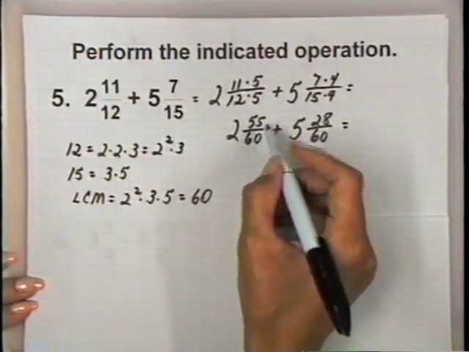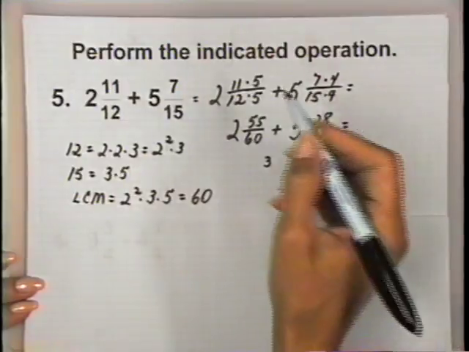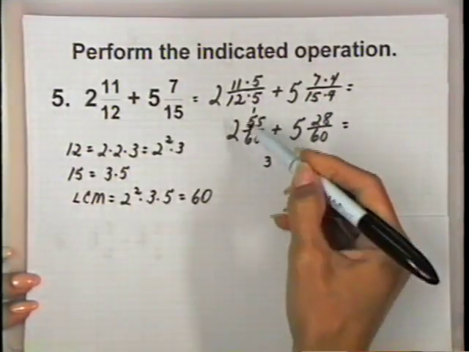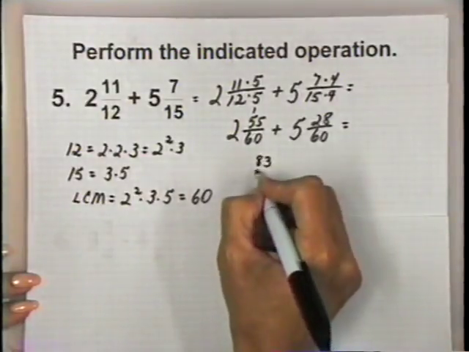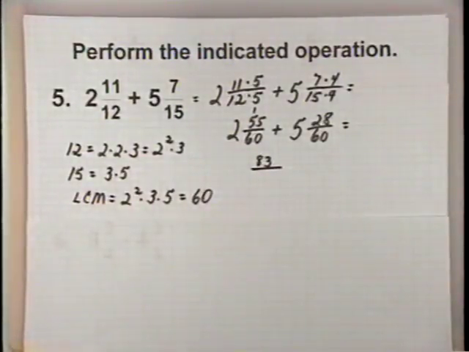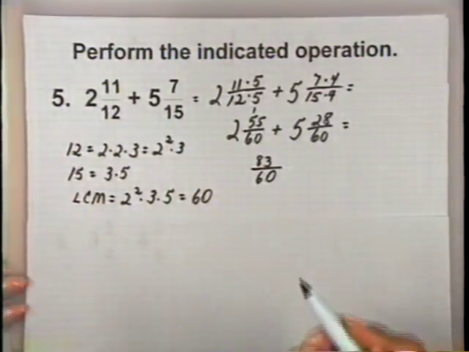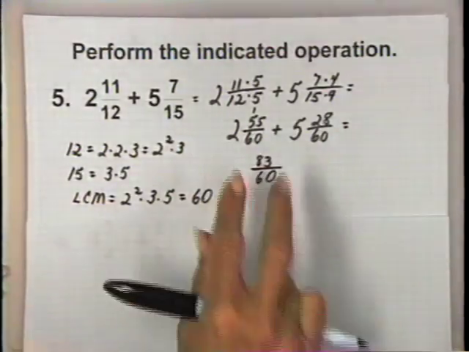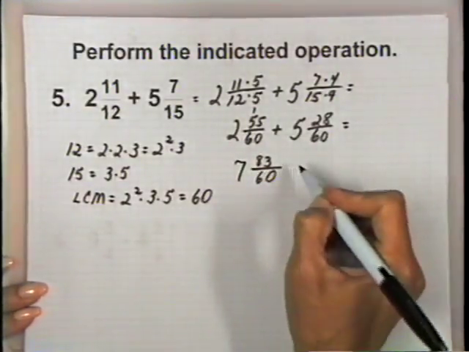When I add 55 and 28, 5 plus 8 gives me 13. 1 plus 5 gives me 6. 6 plus 2 gives me 8. So I write my sum of 83 over my common denominator of 60. I have added my fractions. Now I add my whole numbers. 2 plus 5 gives me 7.